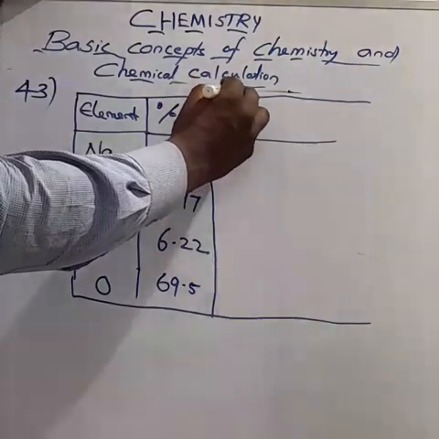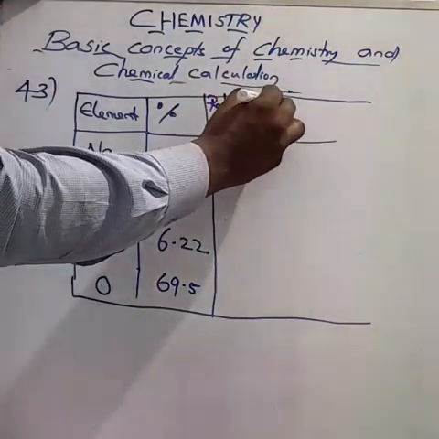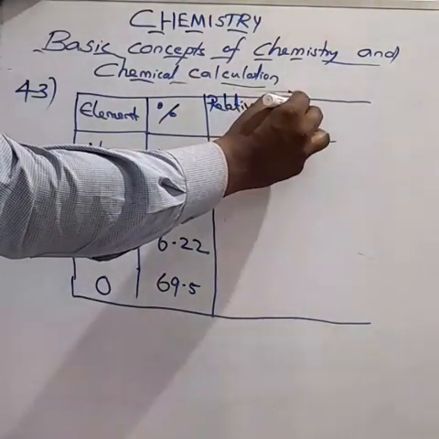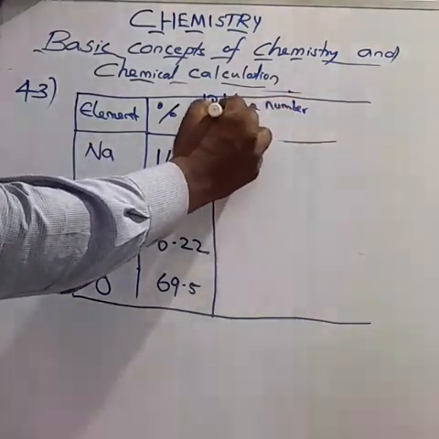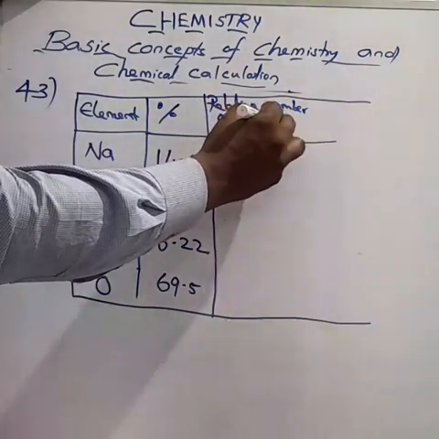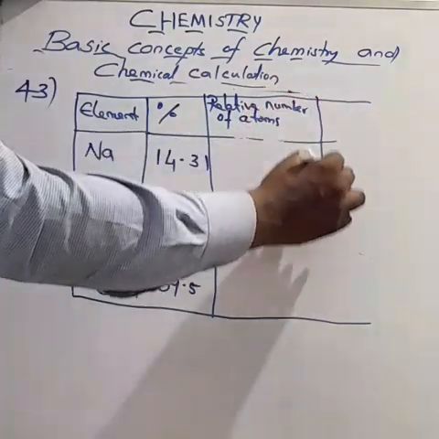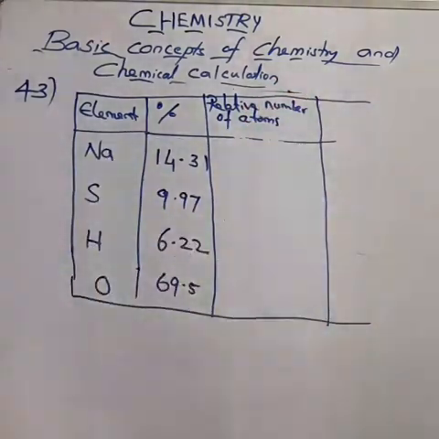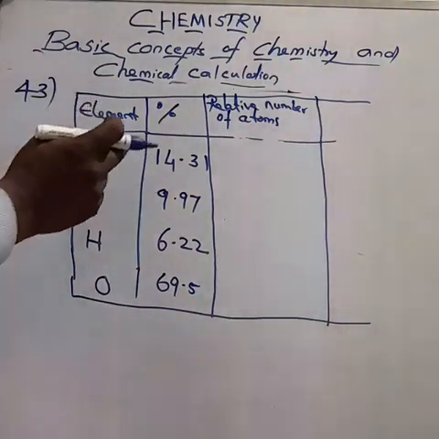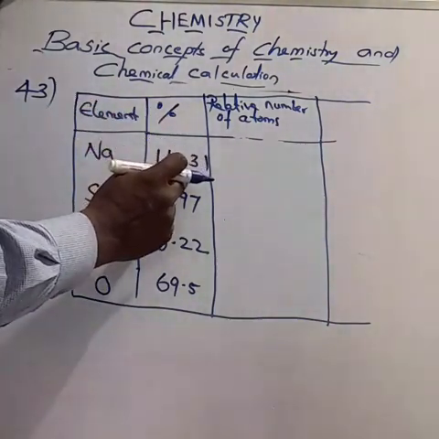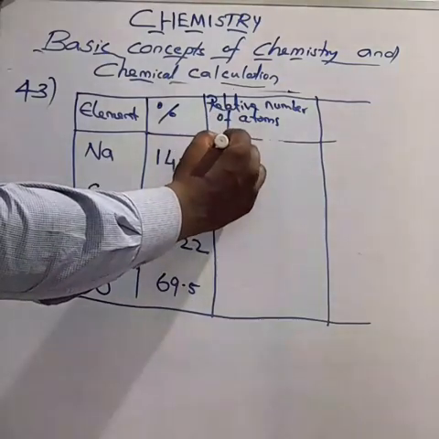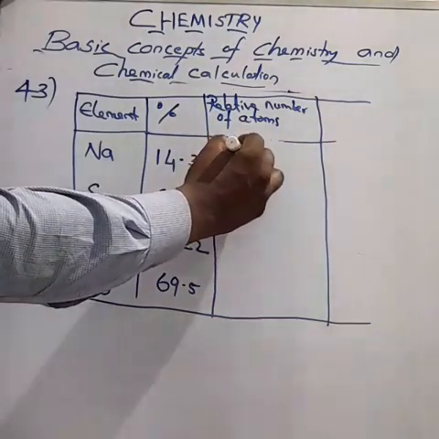Relative number of atoms. Previously, question number 42 also I explained about that. How will you write the relative number of atoms? Relative number of atoms is percentage divided by atomic mass.